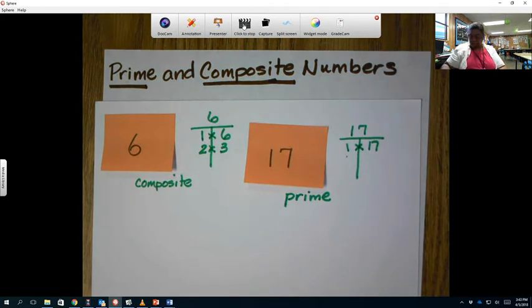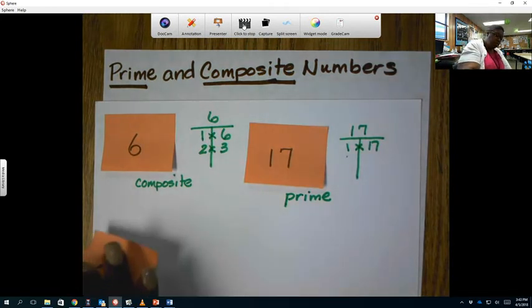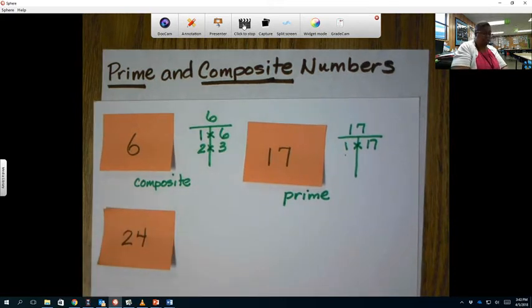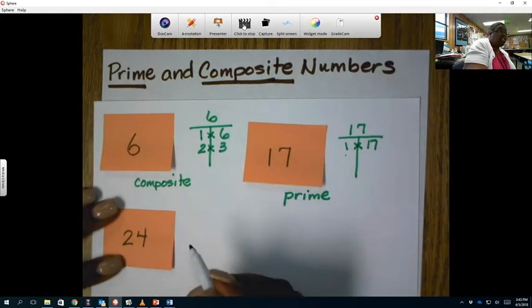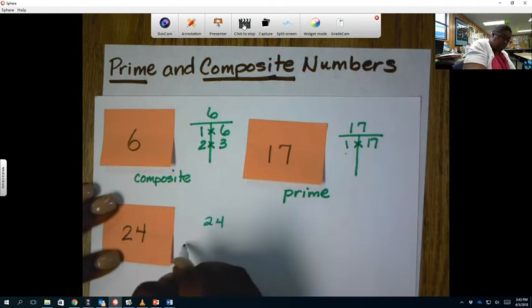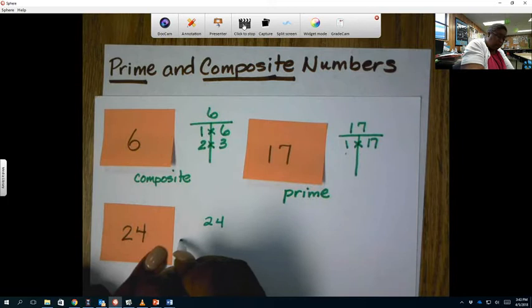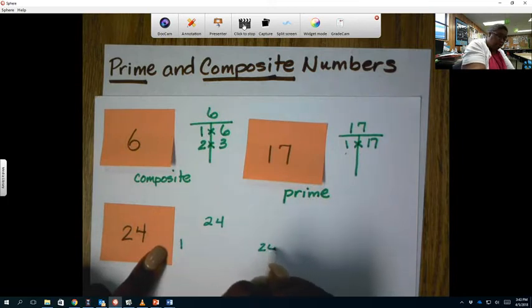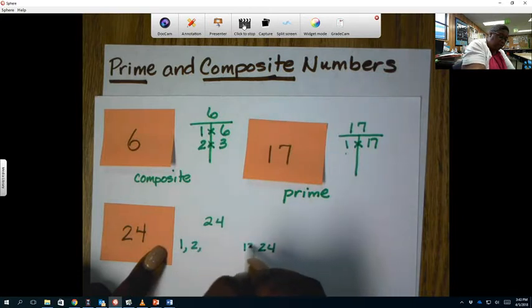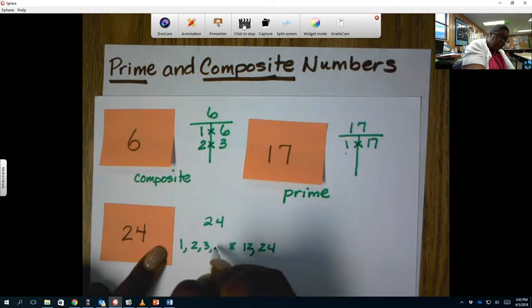All right, let's look at a couple other numbers. 24. Let's see if it's prime or composite. Okay. This time I'm going to do it a little different way. I'm going to write the number 24, and then I'm going to start with 1 times 24, and then 2 times 12, 3 times 8, and 4 times 6.